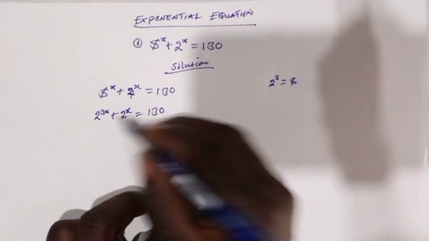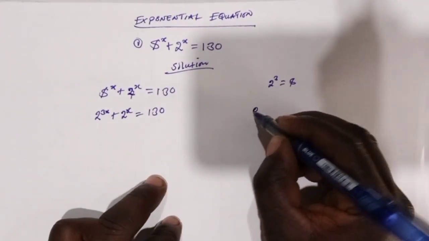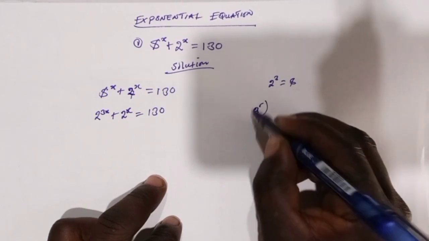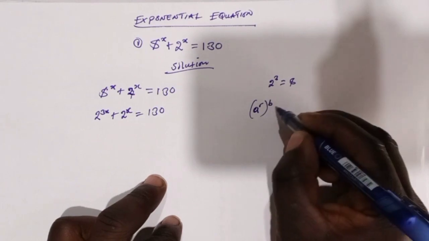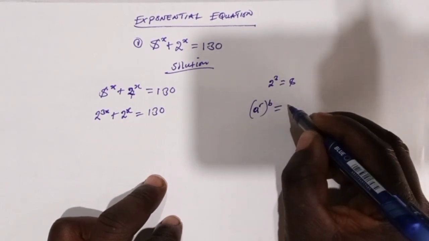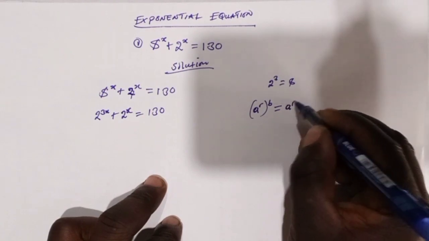Remember that in indices, whenever you have a to the power r, to the power b, you multiply the powers, so it will be a to the power rb.